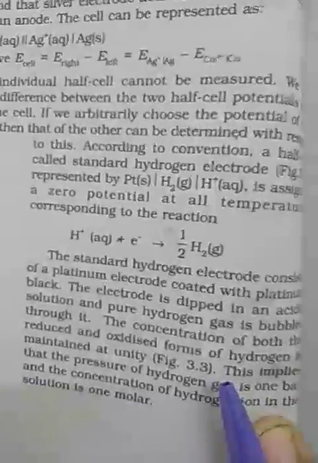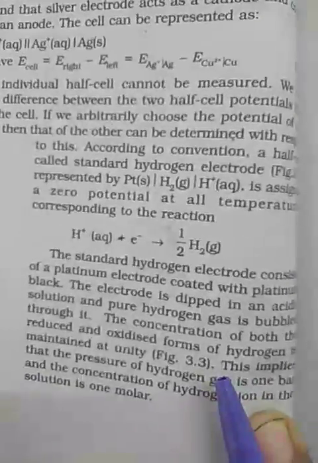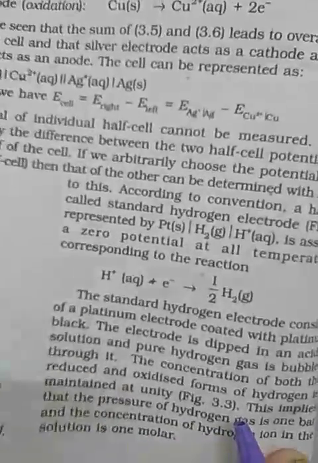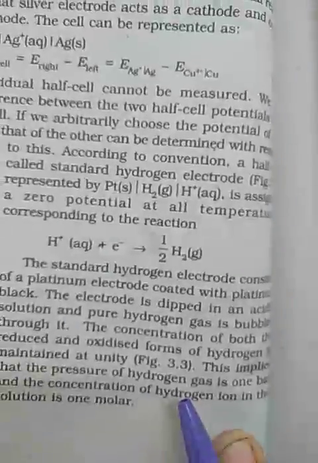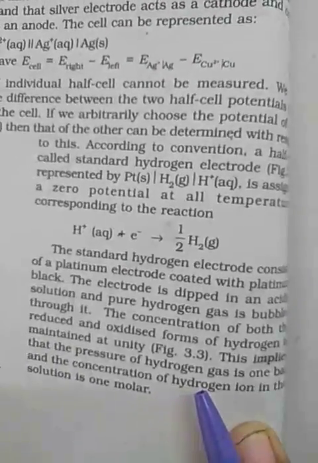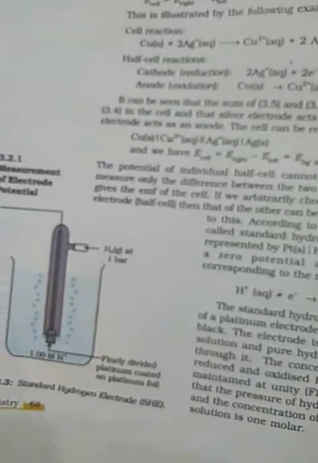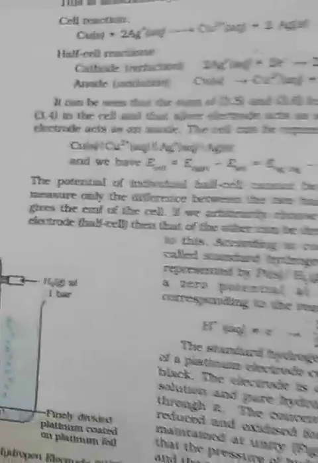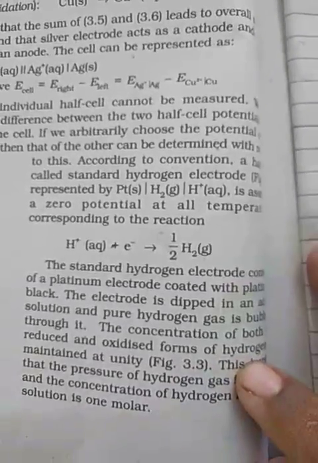The concentration of both the reduced and oxidized form of hydrogen is maintained at unity. This implies that the pressure of hydrogen gas is 1 bar and the concentration of hydrogen ion in the solution is 1 molar. So 1 bar pressure, 1 molar concentration of the solution.